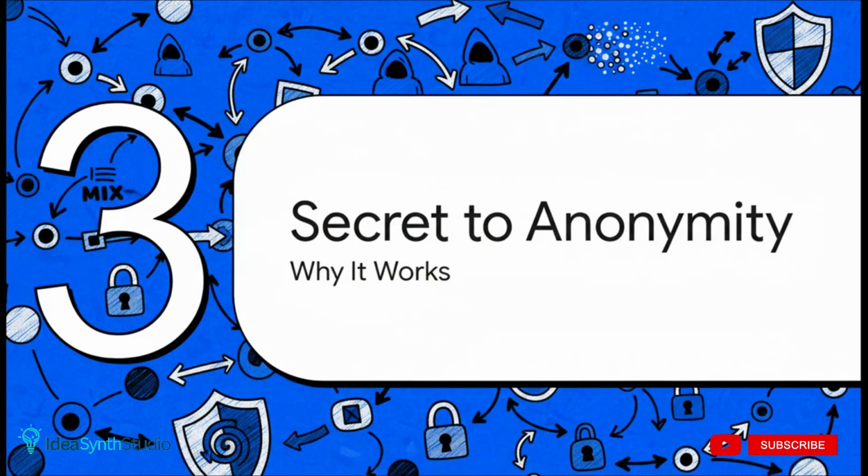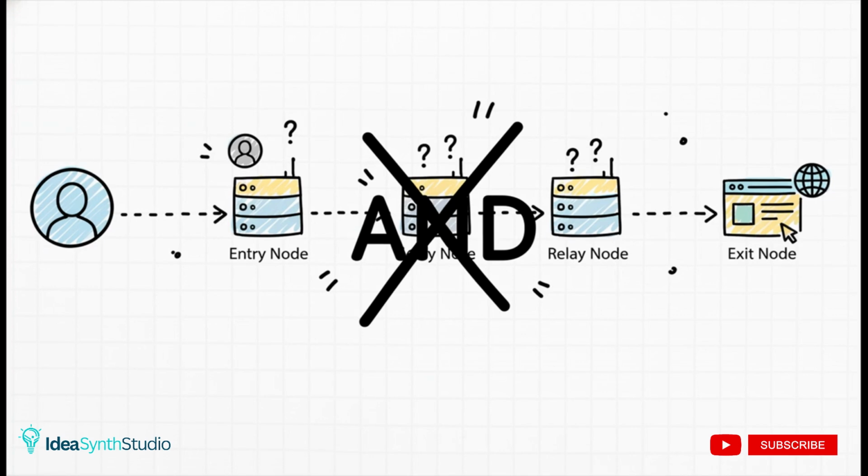So you might be asking, how does this whole chain of command actually keep you anonymous? Well, it all comes down to one really clever, fundamental security principle. And this, right here, is the secret sauce to Tor's power. There is no single point of knowledge. No single computer in that entire chain knows both who you are and where you're going. The system is designed to break that link, making it almost impossible to trace the full path from start to finish.